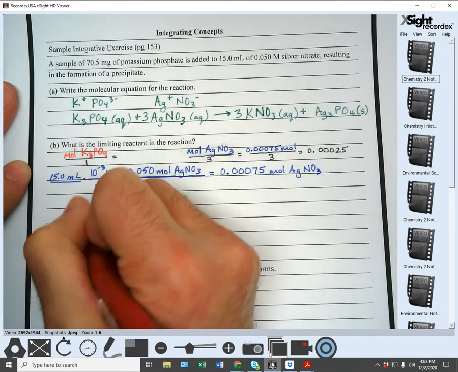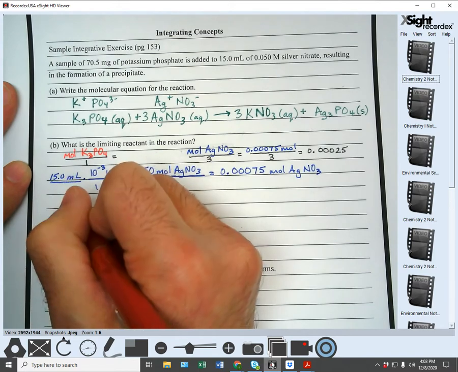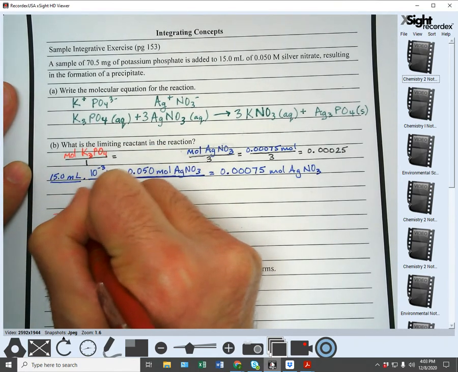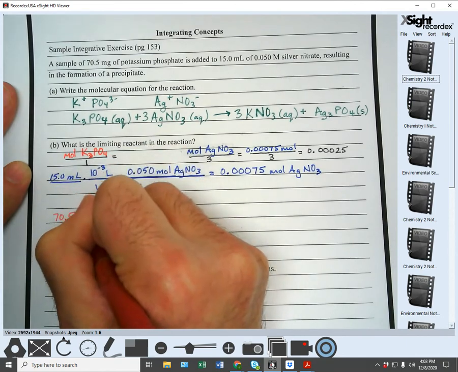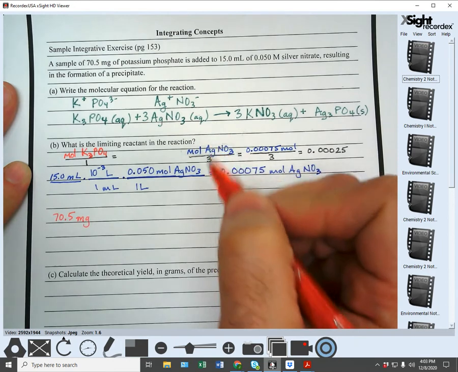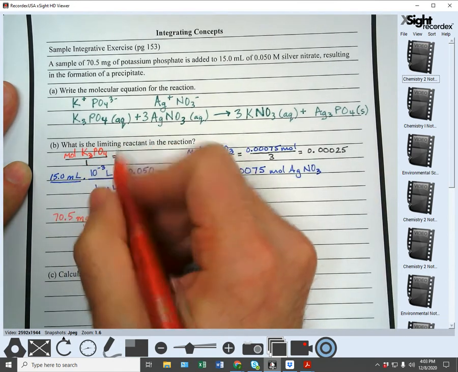Okay, so to find the moles of this, all we're going to do is take, I was making sure I had enough room here, but I don't need all of that. So I'm going to take the 70.5 milligrams of the K3PO4.